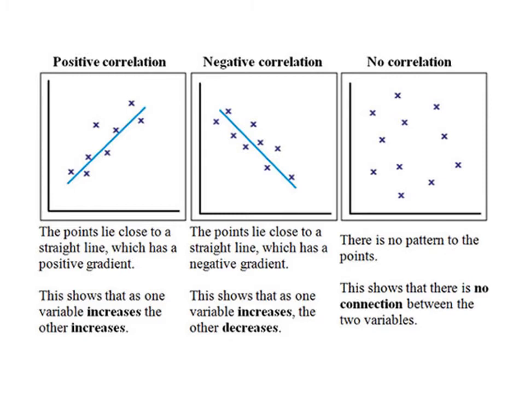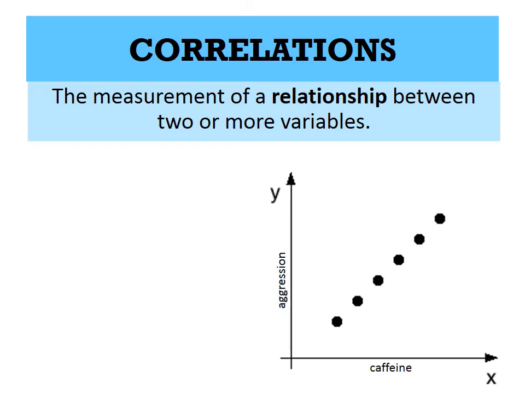So it shows us that as one variable increases, the other decreases. And if, as seen here, there is no pattern to the points, that means we have a zero correlation. And this would suggest that there is no connection between the covariables.